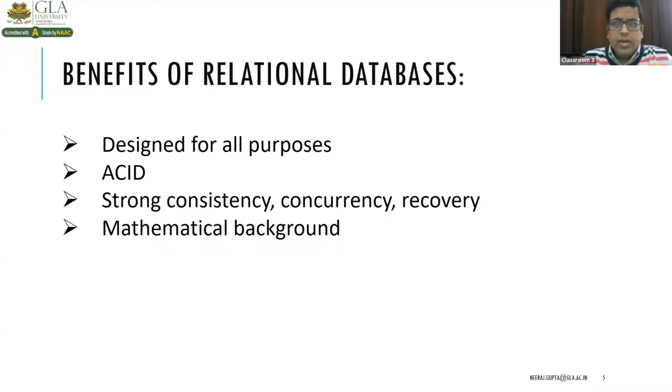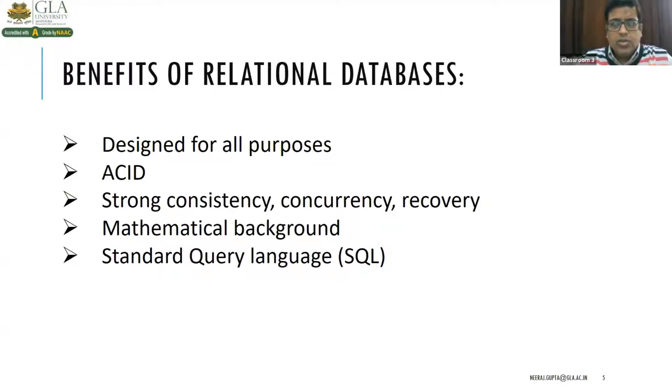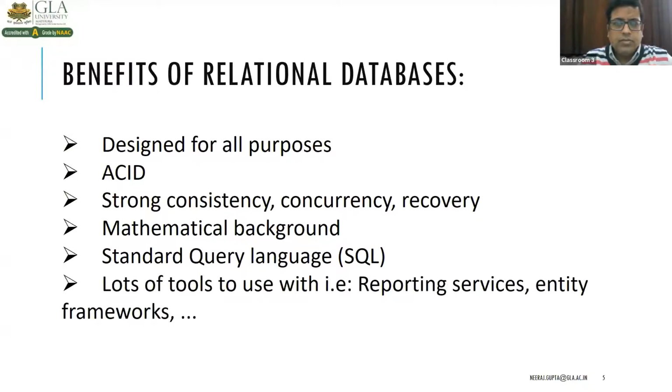I'm talking about the relational model. It has a mathematical background, and it supports structured query language. Sorry, that was a typo on the slide, it's not standard, it's structured query language. And there are lots of tools to be used, like reporting services and entity frameworks.